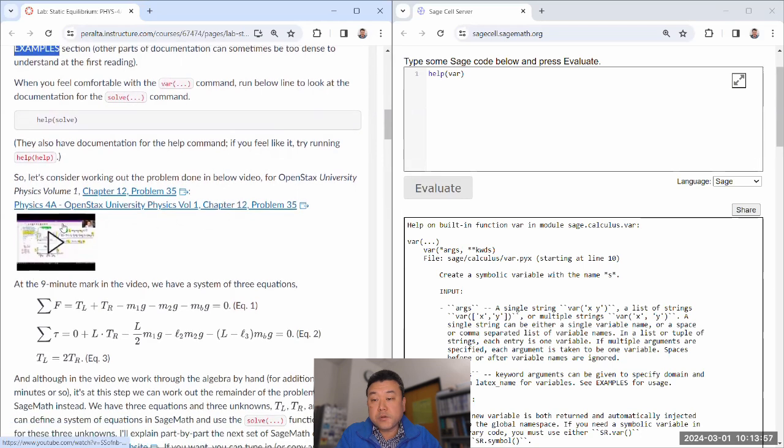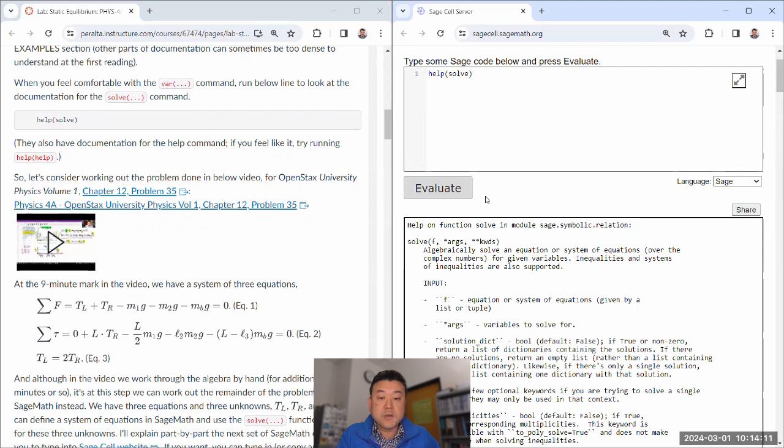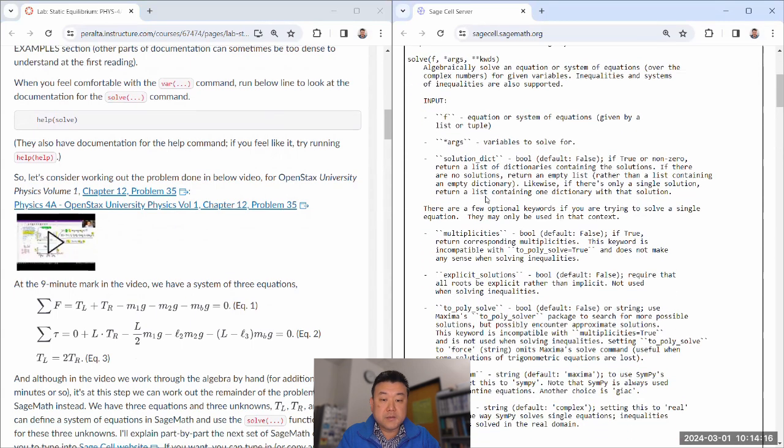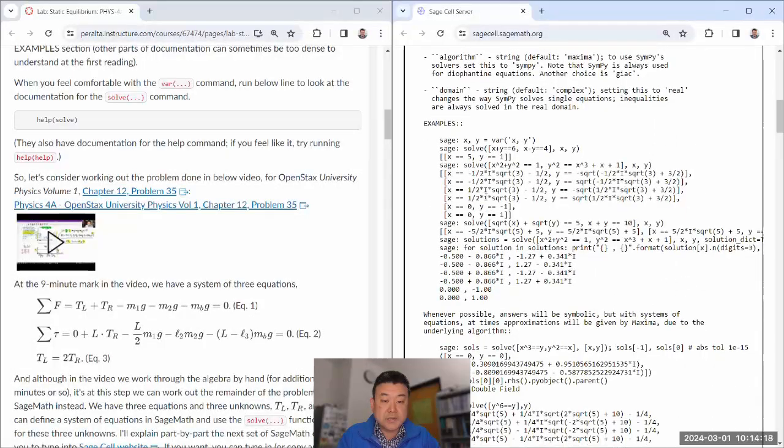When you feel comfortable with the var command, run the below line to look at the documentation for the solve command. That's what we'll be using to solve a system of equations. So, help solve. And again, this is the built-in documentation, and again, there's this example.